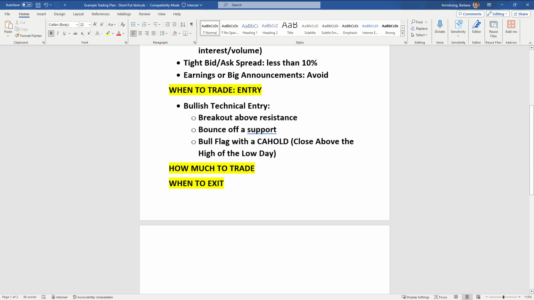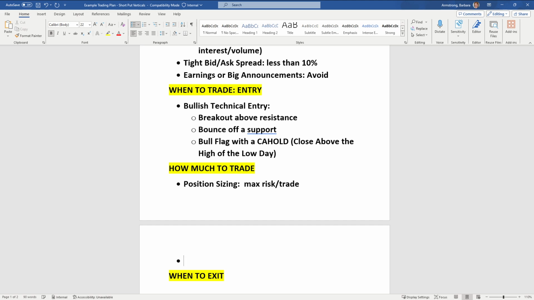Now, when it comes to how much to trade, this is really our position sizing. And so when we look at position sizing, we want to define what our max risk per trade is going to be.